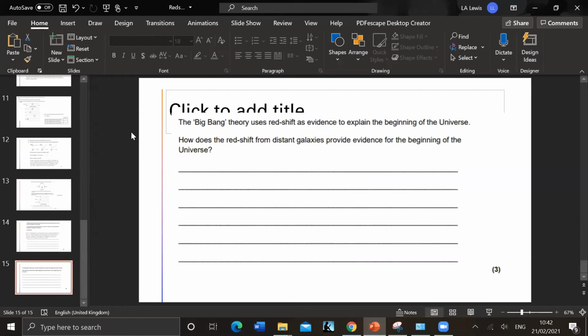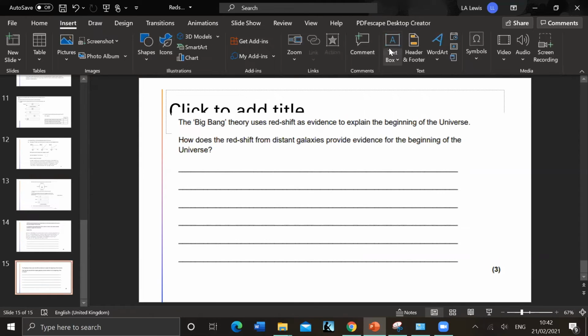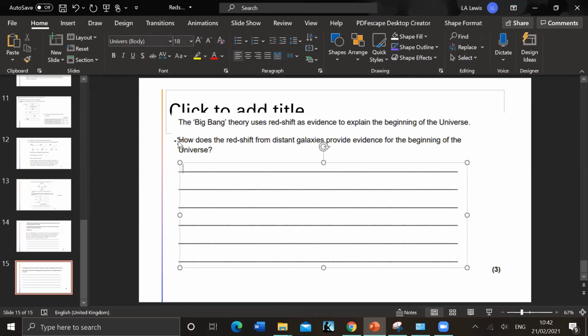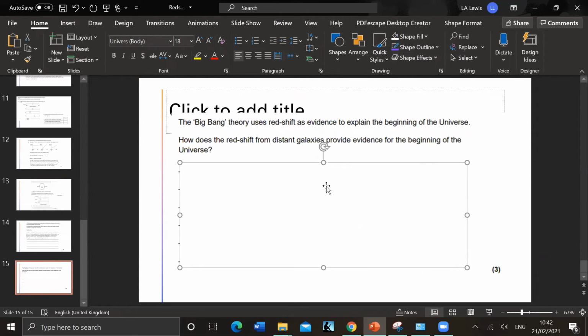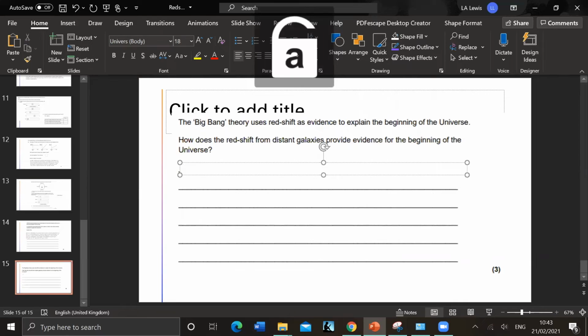They're trying to help you by saying that that is what they're doing. And then last question, we'll finish off with this. Big Bang Theory uses redshift as evidence to explain the beginning of the universe. How does redshift from distant galaxies provide evidence for the beginning of the universe? So talk about Hubble data.